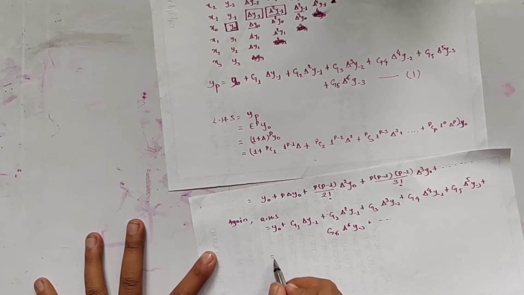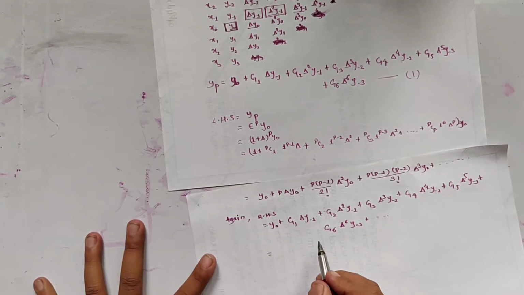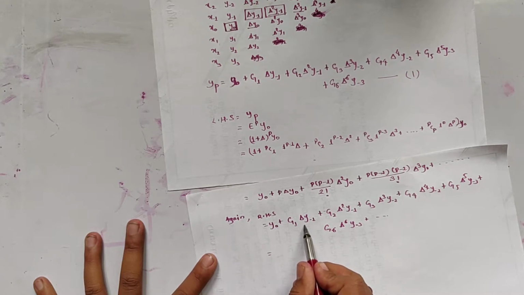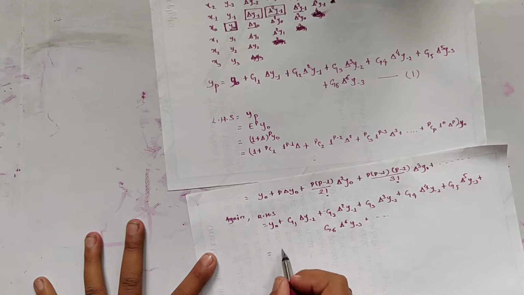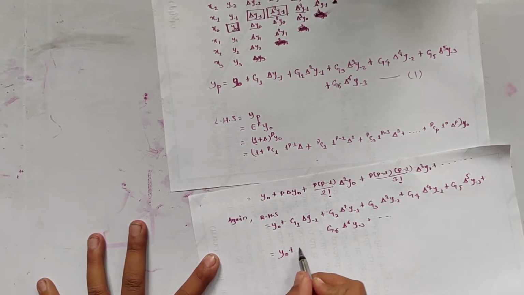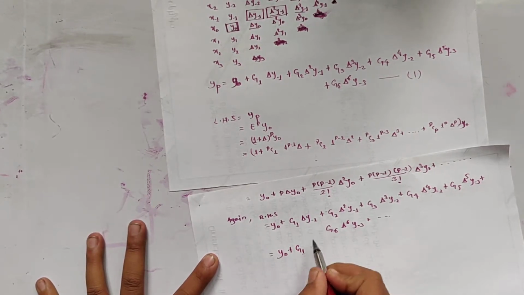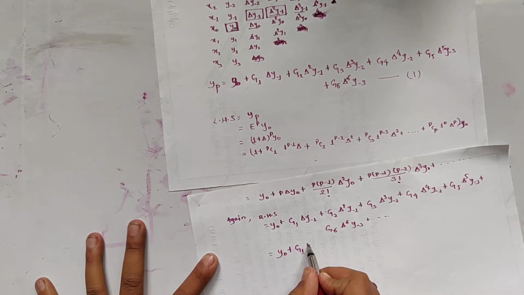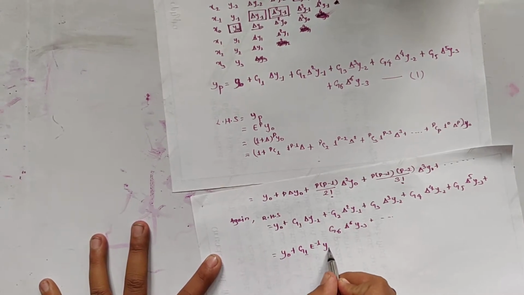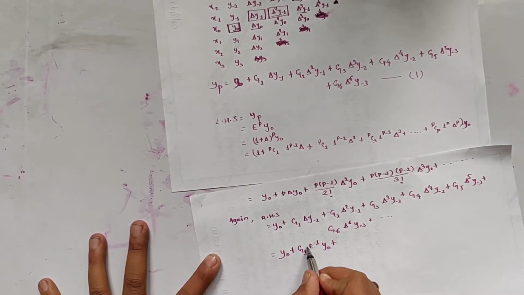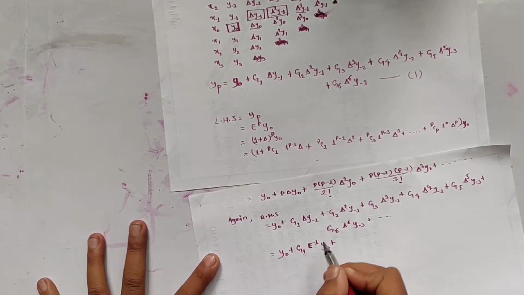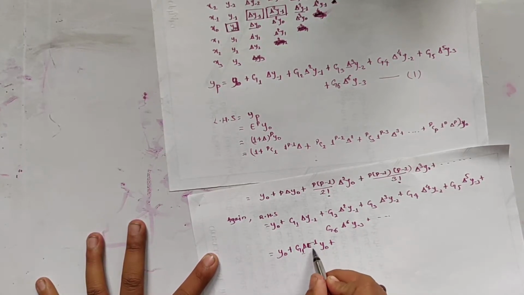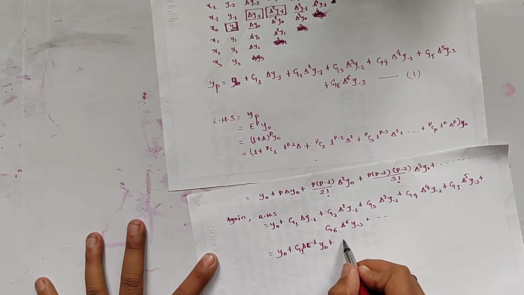Now similarly, as in Gauss forward, we use this and shift it to y naught. So y naught plus g1, when we shift it, gives delta E power minus 1 y naught.